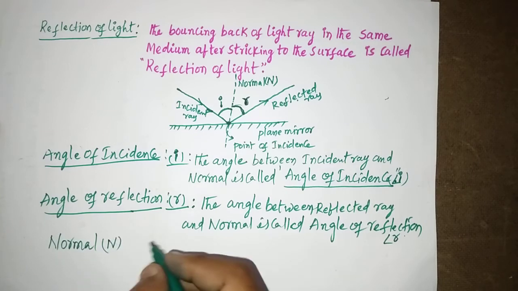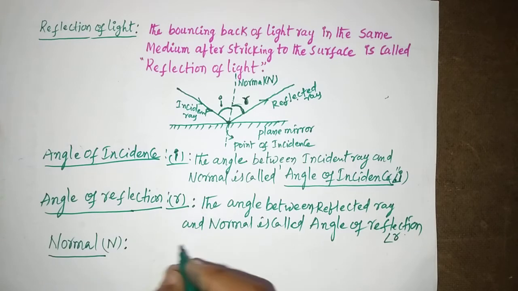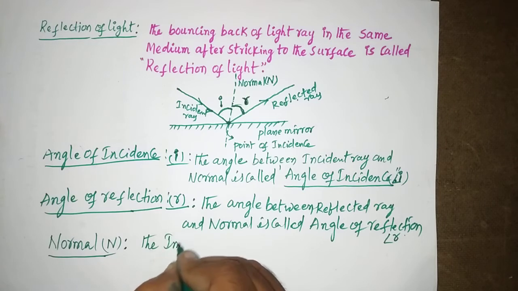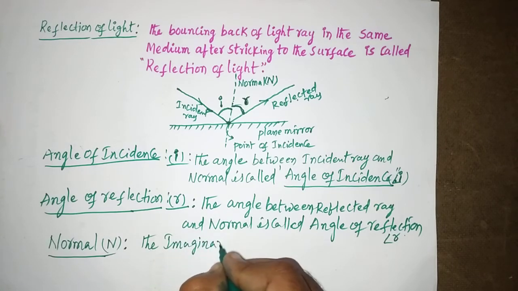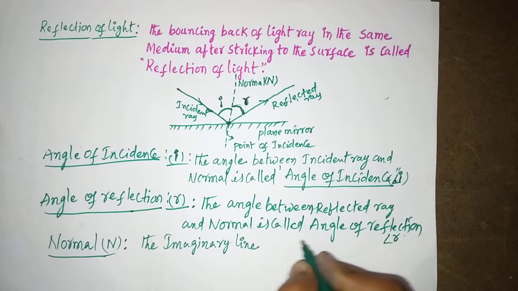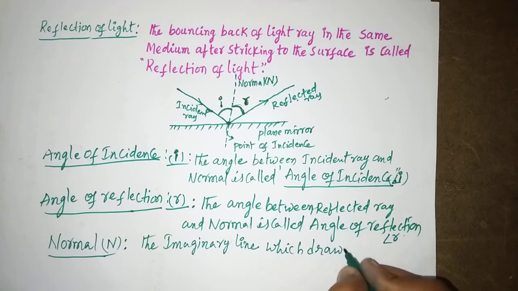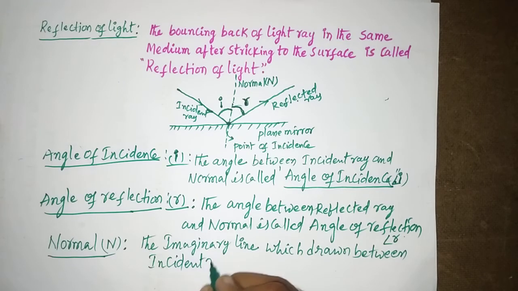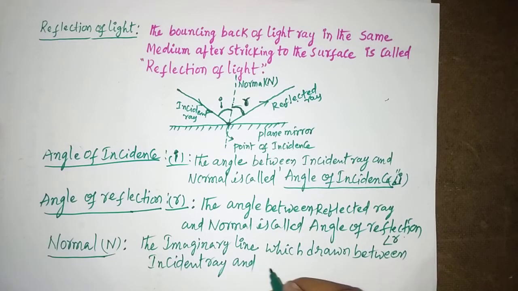The normal is indicated with the letter N. Normal is generally defined as the imaginary line which is drawn between the incident ray and the reflected ray.